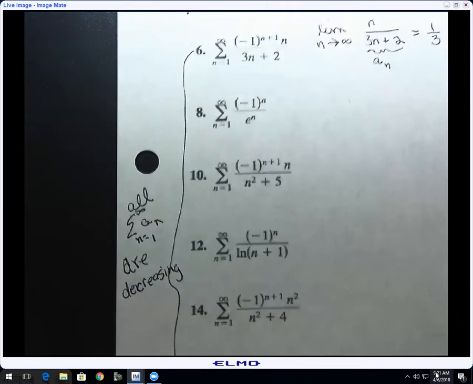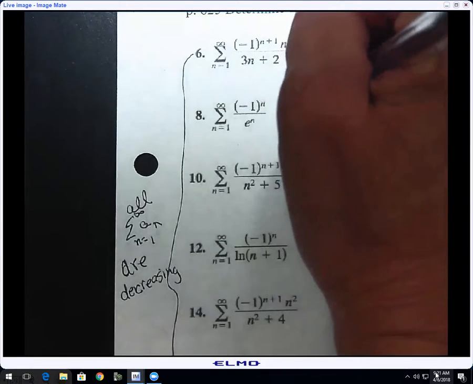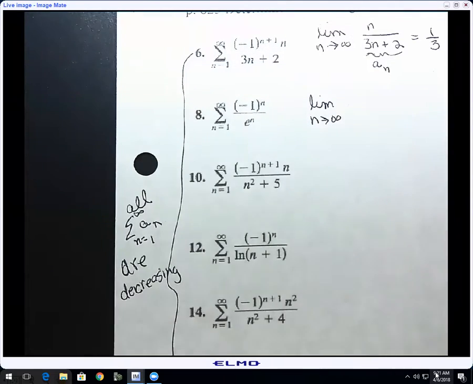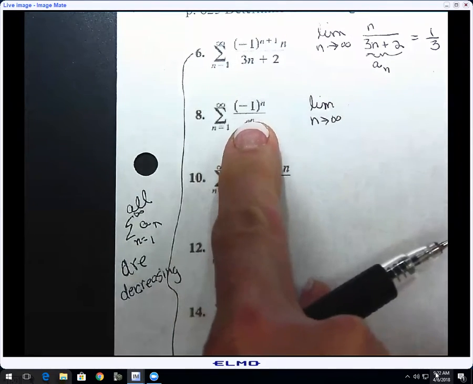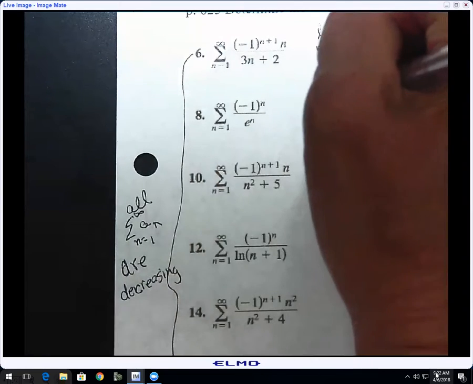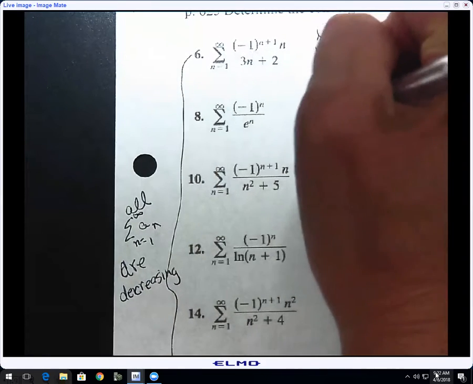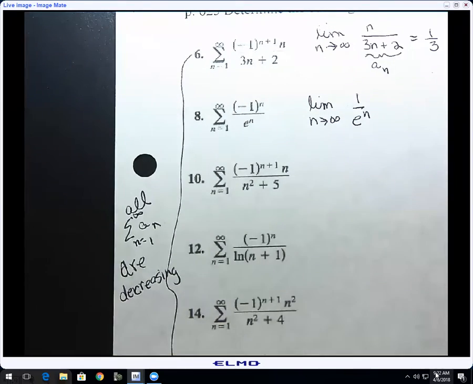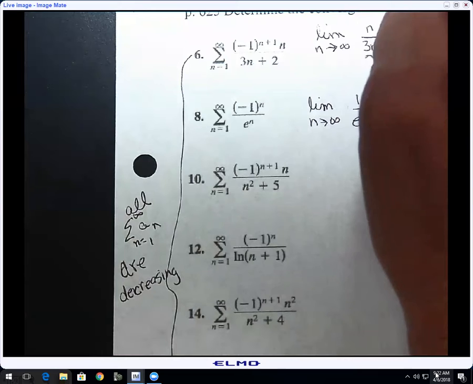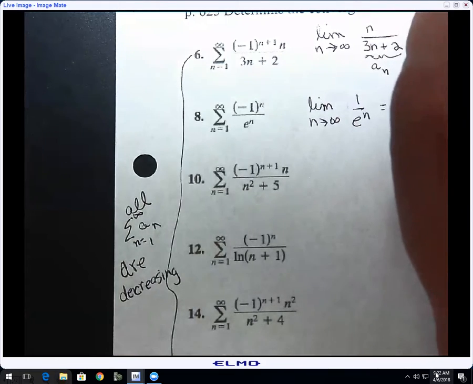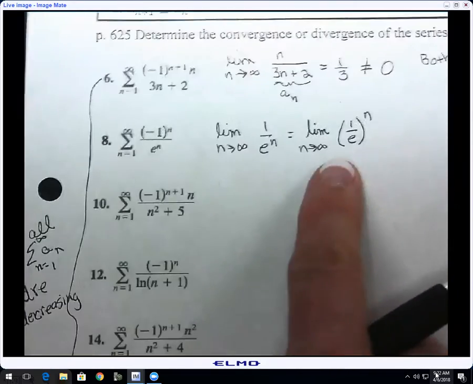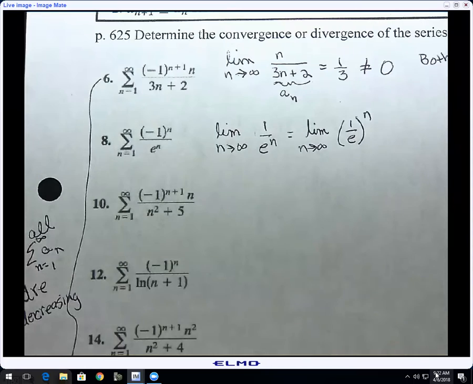What about number 8? The limit as n goes to infinity of, without the alternating part, this would just be 1 over e to the n. And really that's the same thing as the limit as n goes to infinity of (1/e)^n. I wrote it this way so that I could recognize it as what?